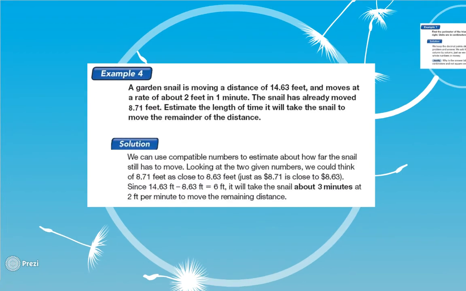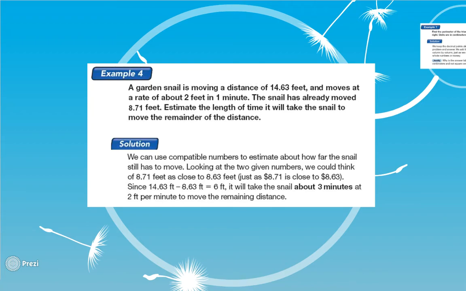All right, a garden snail is moving a distance of 14.63 feet and moves at a rate of 2 feet in 1 minute. The snail has already moved 8.71 feet. Estimate the length of time it will take the snail to move the remainder of the distance.